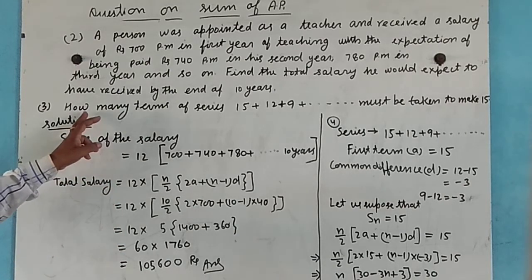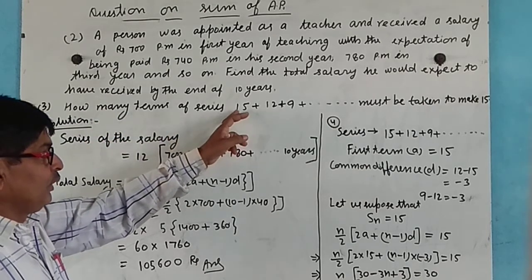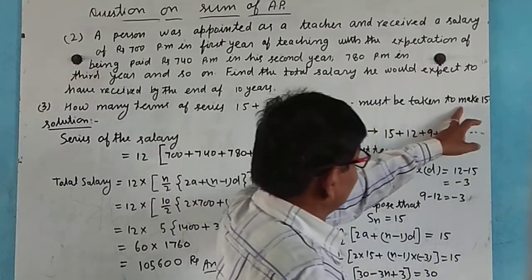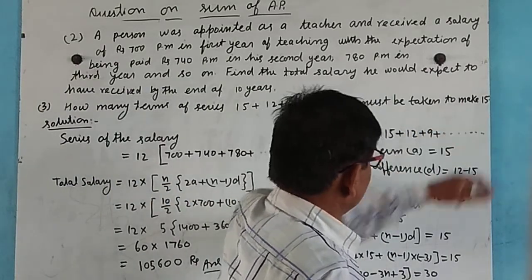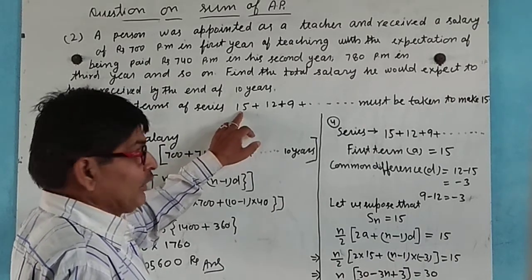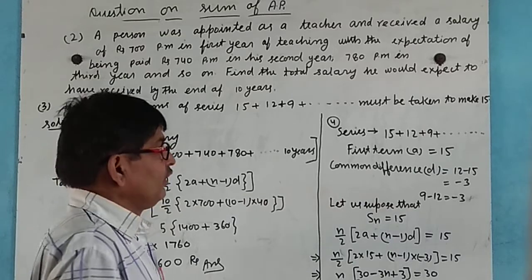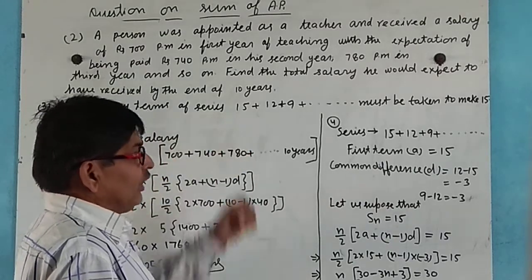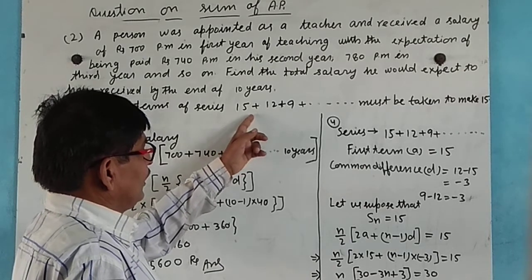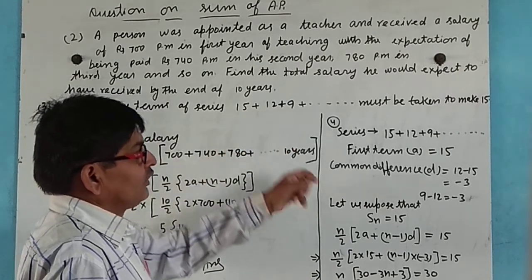Now the second problem: how many terms of the series 15, 12, 9 must be taken to make 15? This series is decreasing. The first term is 15 and the common difference is 12 minus 15, that is -3, and 9 minus 12, that is -3.